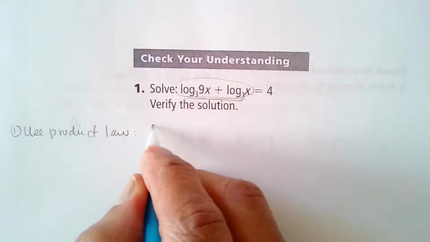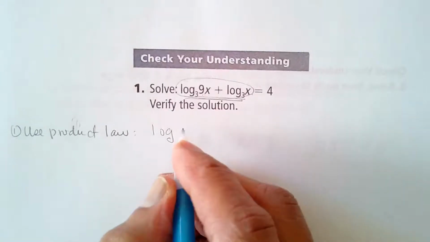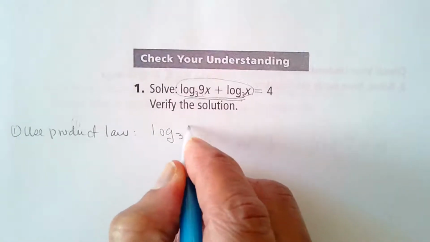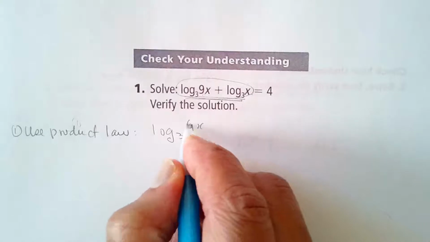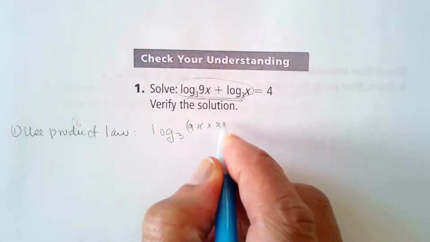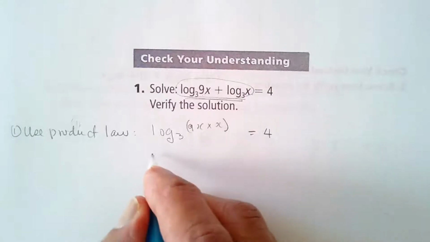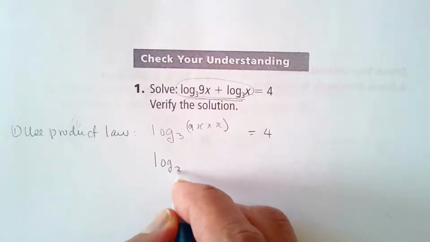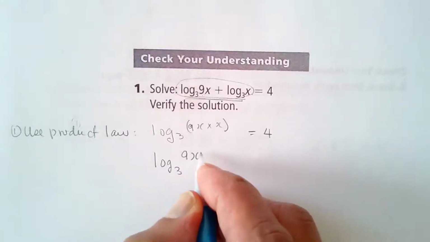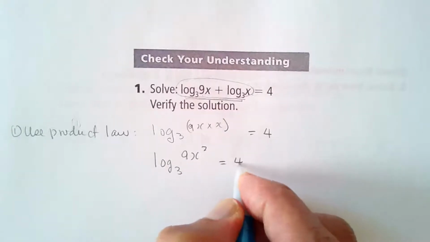So that will give us log base 3 of 9x multiplied by x equals 4. Simplify this, this gives me log base 3 of 9x squared equals 4.